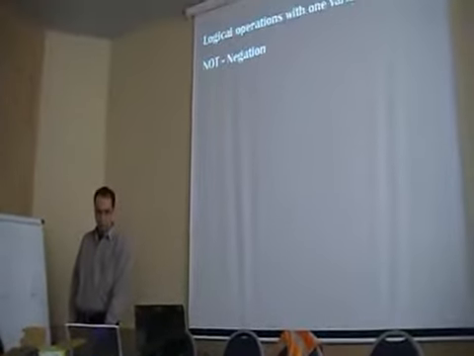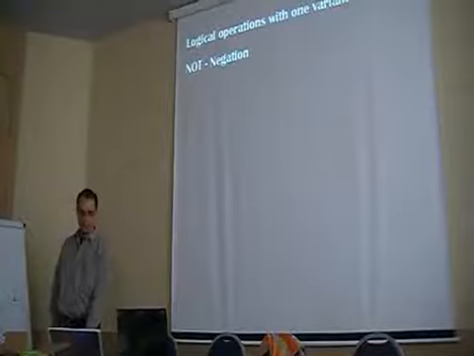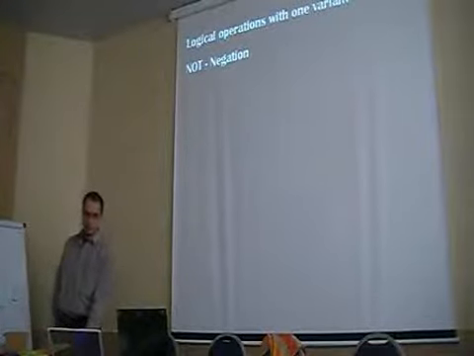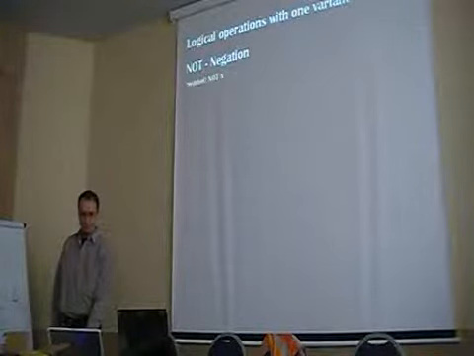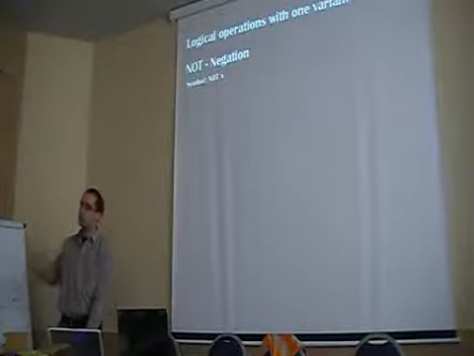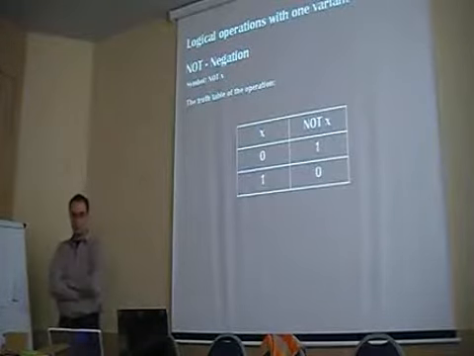The first one I show you is a logical operation with only one variant. This will be the negation. In most cases we use the NOT operation. This is the symbol for it. We write the word NOT in front of the variant, and you can see the truth table of this operation.